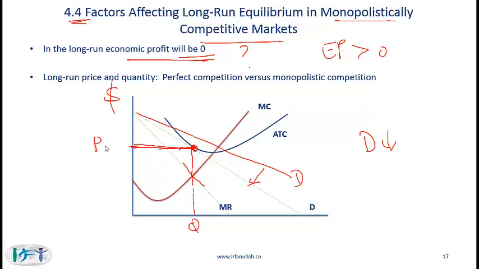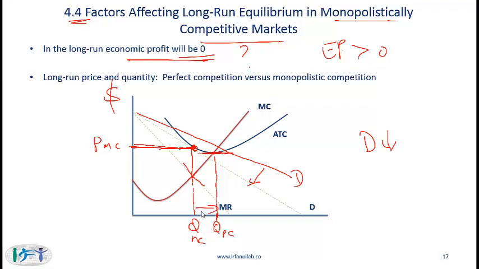How does this compare with perfect competition? Remember, in perfect competition, in equilibrium, we will be at this point. So in a perfectly competitive market, the quantity would be higher. So this is the quantity with perfect competition. This is the quantity with monopolistic competition.